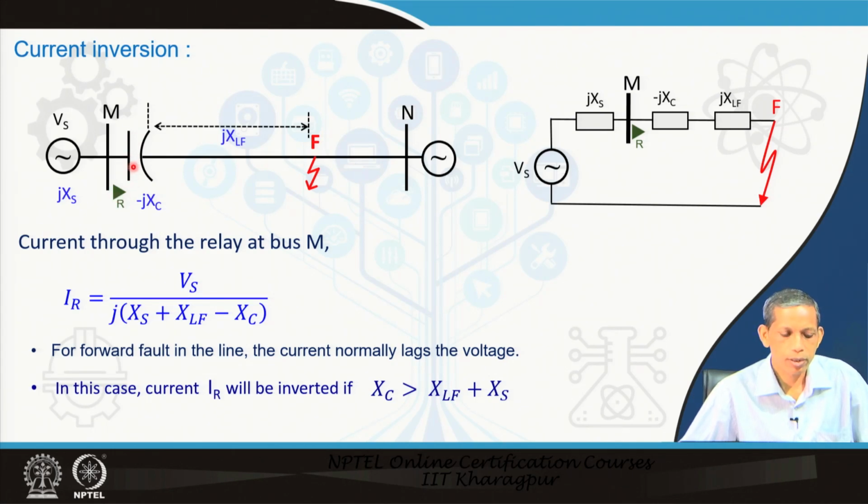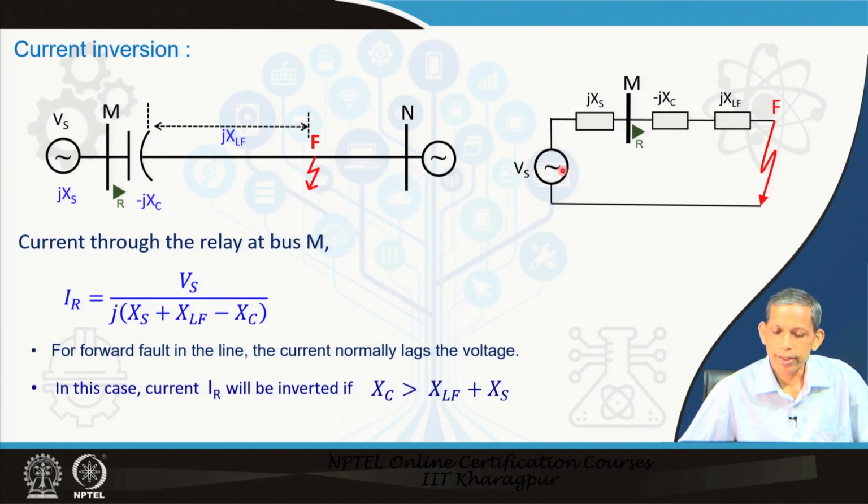Already pointed out, the capacitor can be at this bus also, or both, or in the middle also. But this analysis can also be extended to any other position of the capacitor. Now, if a fault happens at point F in the line, which has a reactance from the relay bus to this fault point of jX_LF, and the corresponding capacitor having a reactance of minus jX_C.